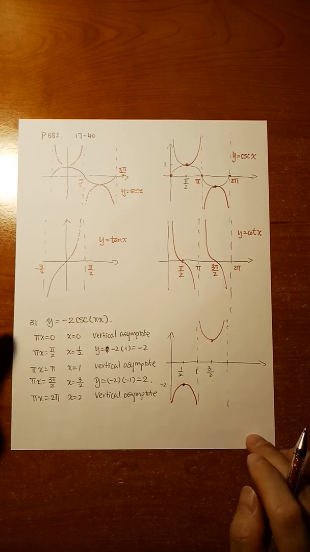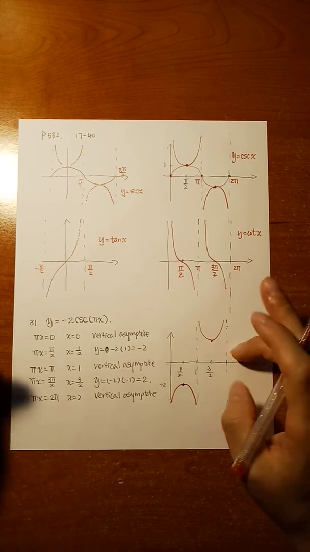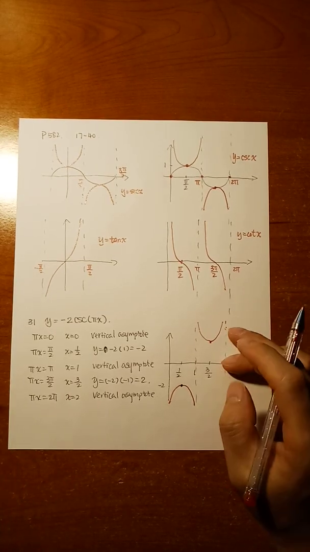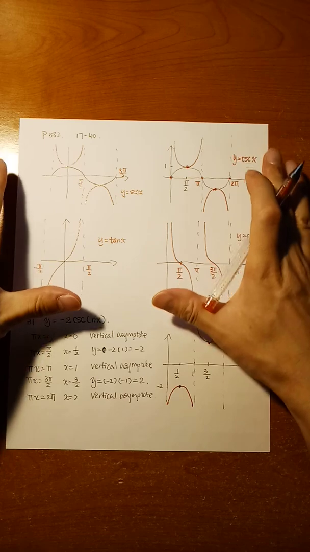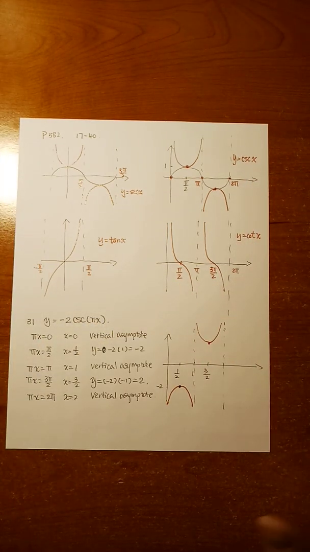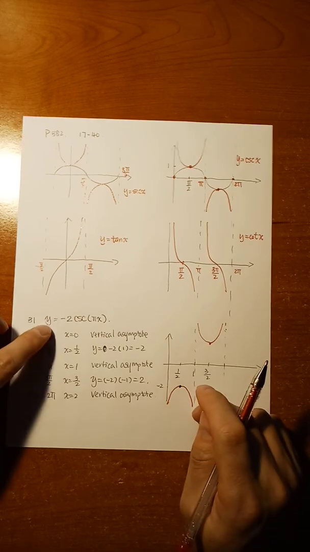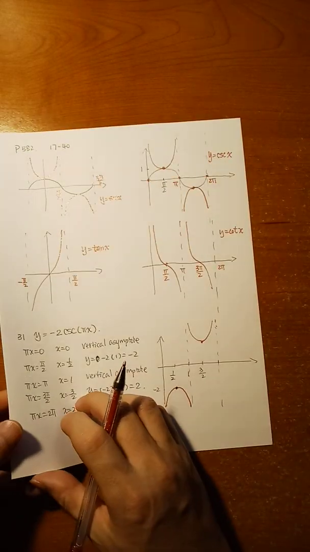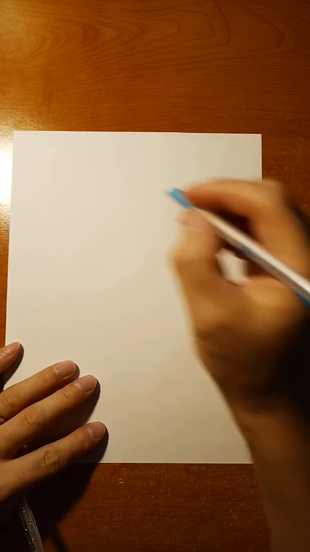Okay, this is problem 31. But to get this sketch, you have to keep the standard graph in mind. This is a cosecant. Let's do another example. Let's say cotangent x minus 1, 34.